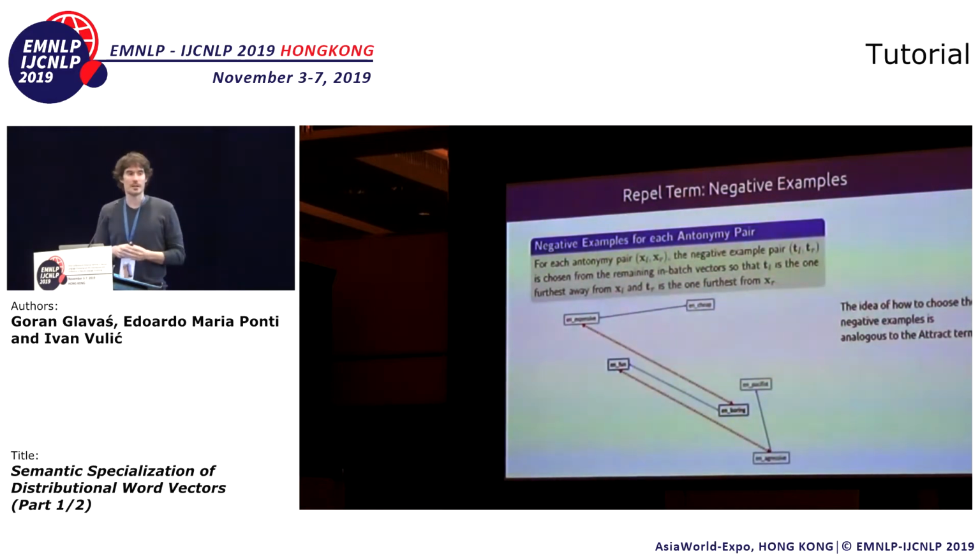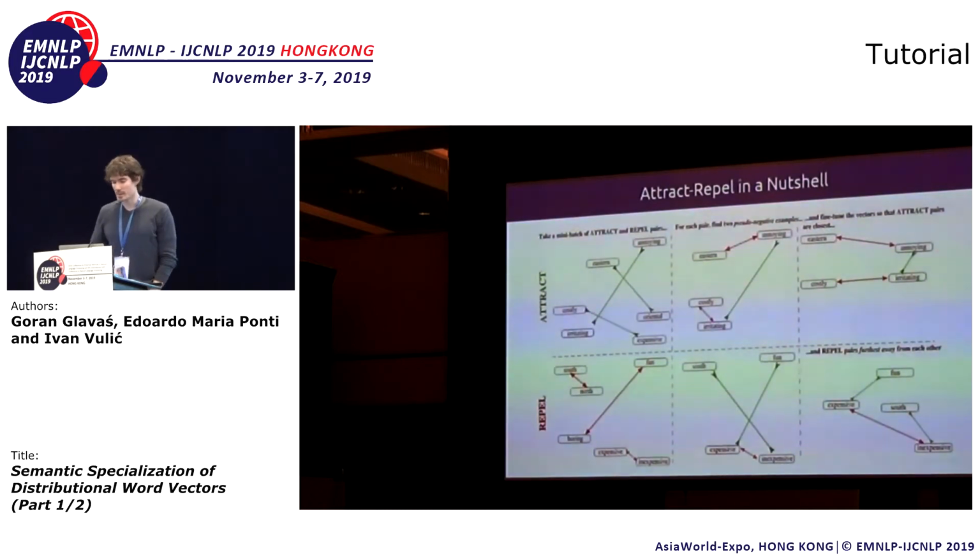So you go constraint by constraint in a mini-batch, select your negative examples for each of the words in the antonymy word pairs, and then try to push the positive pairs by a margin further away. And then, as with counter-fitting, you combine these three main objectives.